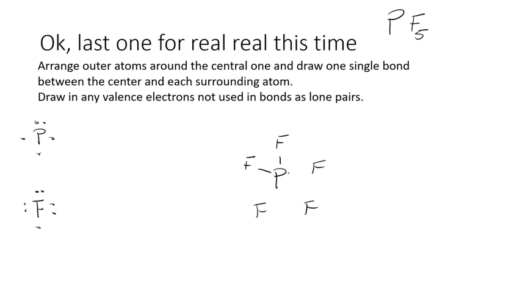We draw one single bond between each of them, and then put in any unused valence electrons as lone pairs. Phosphorus, all the electrons are used up. Fluorine, each one gets 6 dots, because there are 6 valence electrons that have not been used up. Okay, that step is done.